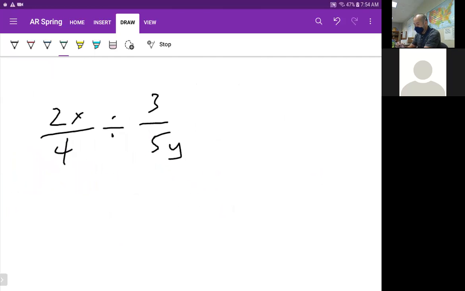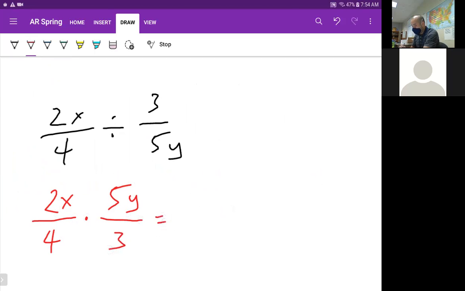Okay, so first thing I do, leave this one alone, 2x over 4. Change this to multiply. Flip this one over, 5y over 3 here. In this you reduce by 4 now.